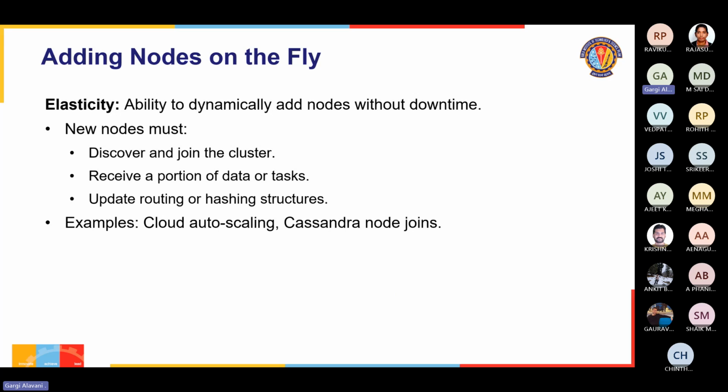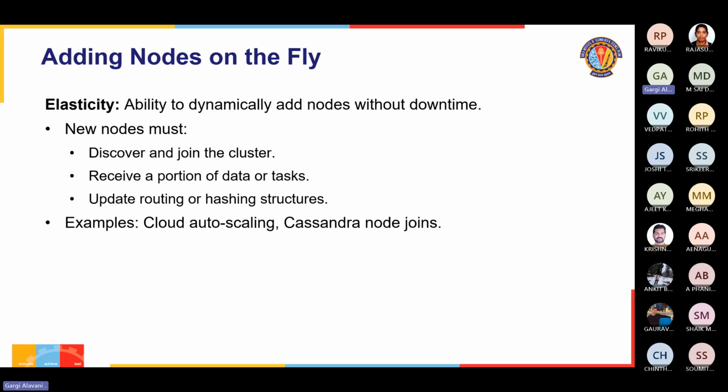One of the biggest advantages of a scale out system is elasticity. That is the ability to add nodes when the system is running without any downtime. So when a node joins, it needs to discover and join the cluster, usually via bootstrapping or gossip protocol. It receives part of the workload of data, using hashing based on the distribution of partition we just discussed, and any partition migration of the data that we need to do.